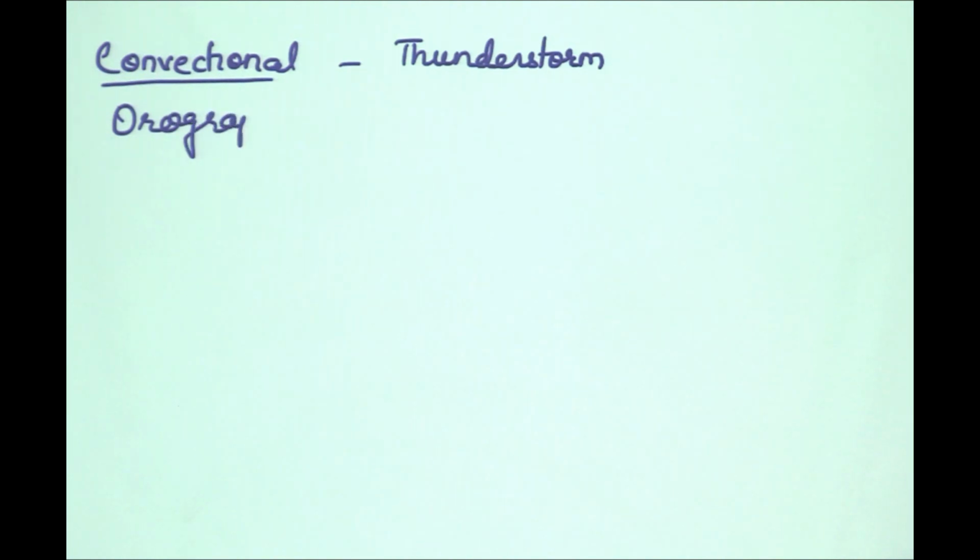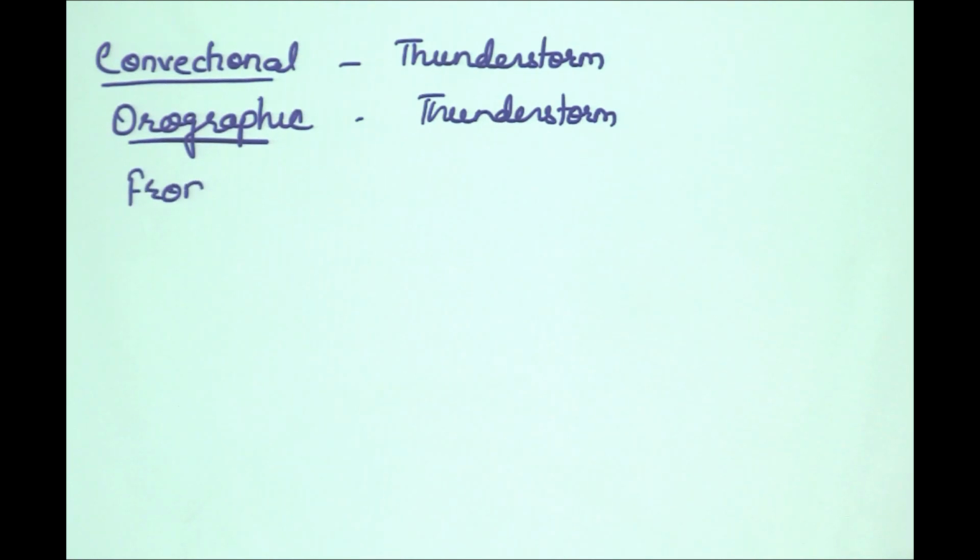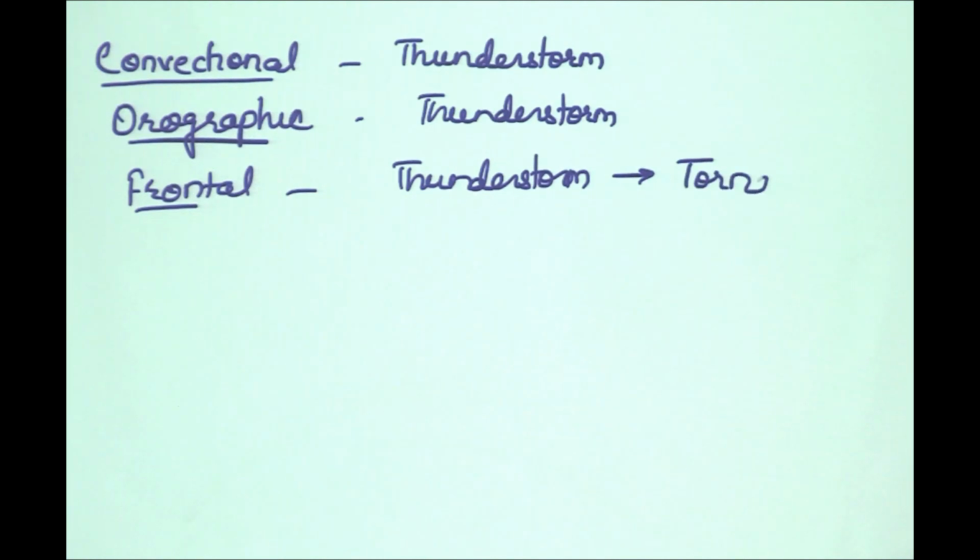Orographic precipitation can develop thunderstorm. Frontal precipitation can develop thunderstorms with tornadoes.